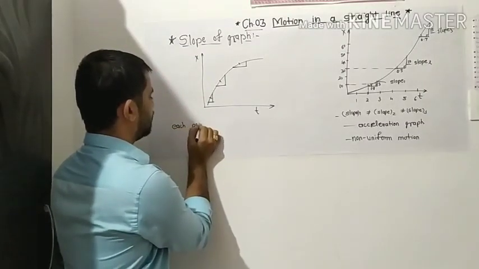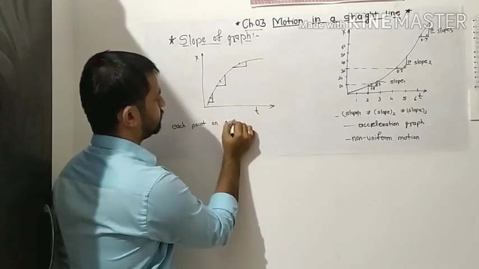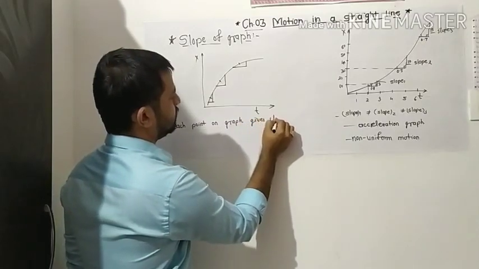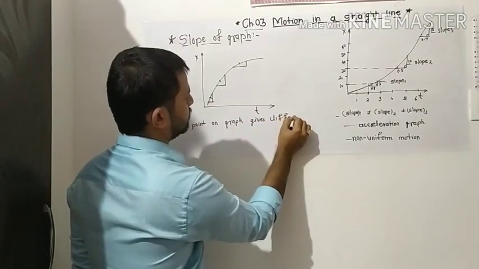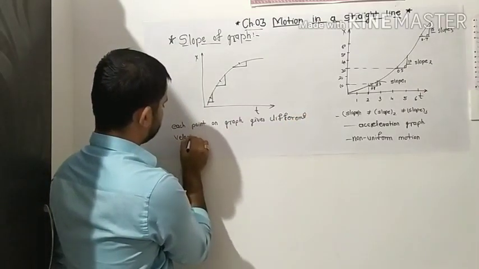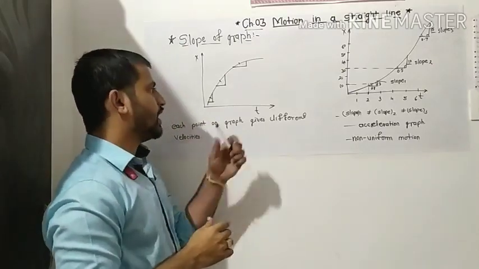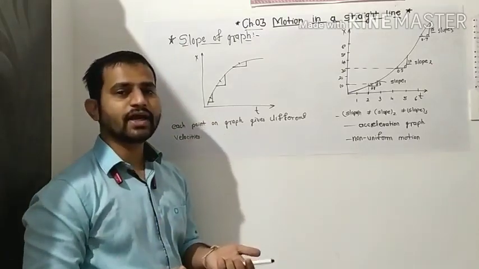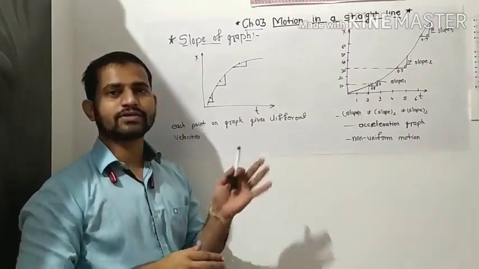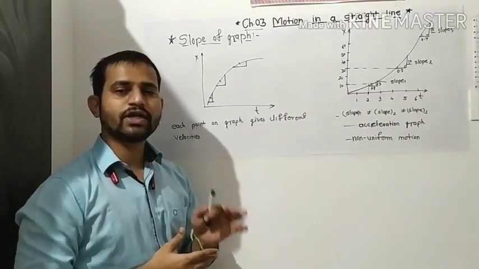Each point on the line on the graph gives a different velocity. So we can say that as the velocity is changing with respect to time, this is also an acceleration graph. This graph is also representing one type of acceleration.